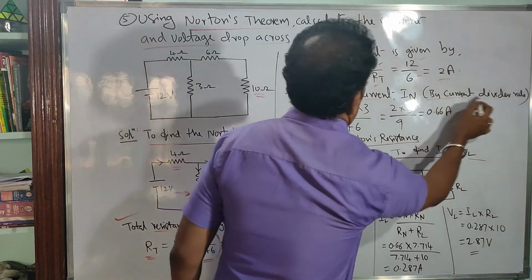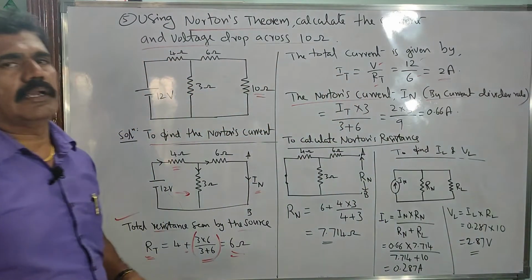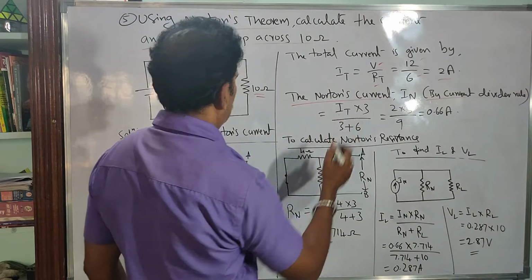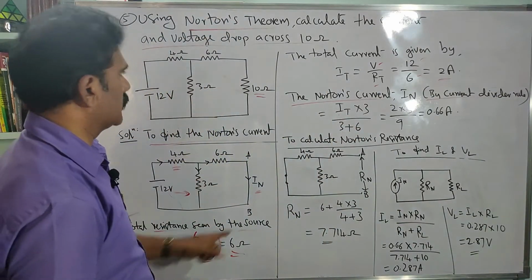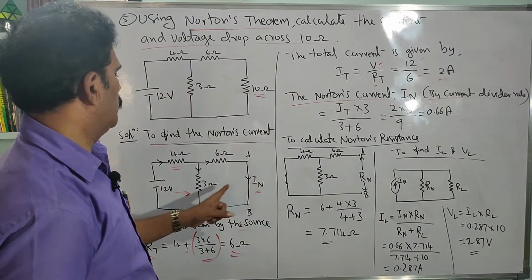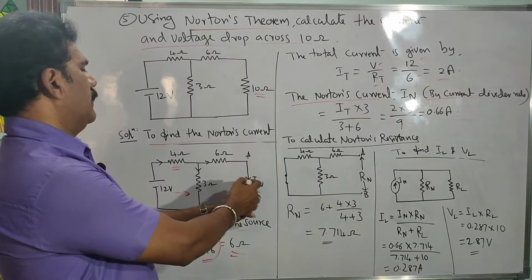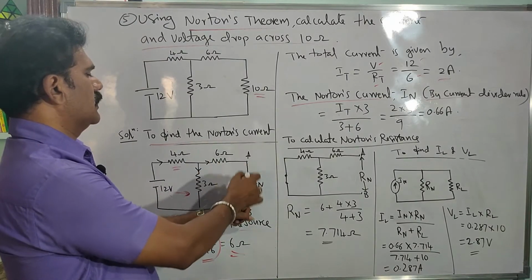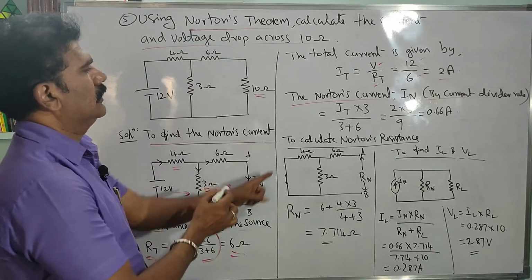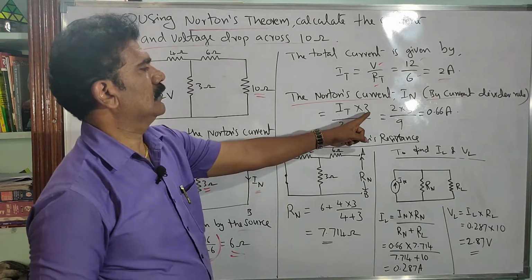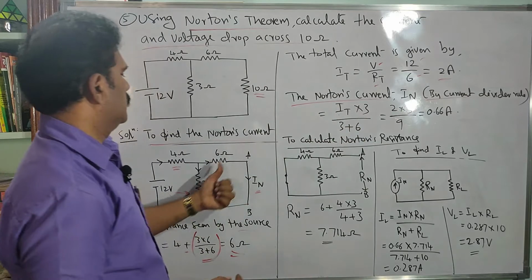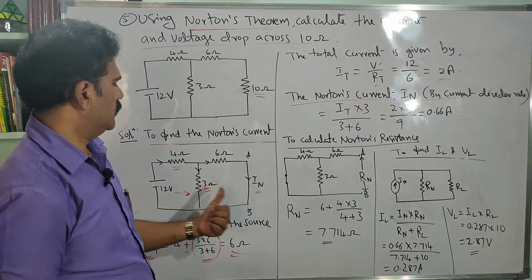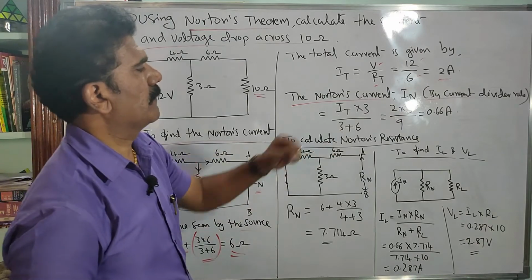That is calculated according to the current divider rule. IT, the total current, is multiplied by the parallel resistance, which is 3 ohms, divided by the total resistance in the loop where IN is flowing, that is 3 plus 6.